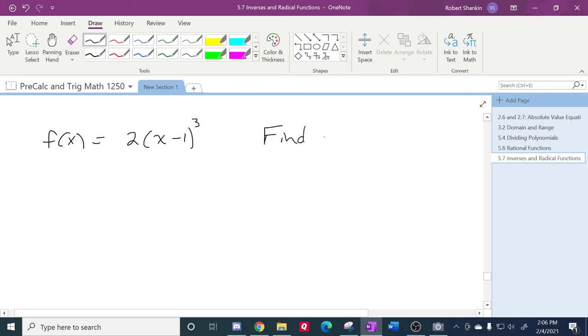Find f inverse of x. Alright, so do the 3 steps. First thing, replace f of x with y, and then interchange x and y, and then solve for y. So I'm going to give you a minute to get going on that. I'll interrupt you before you get all the way through, but I want you to get as far as you can.